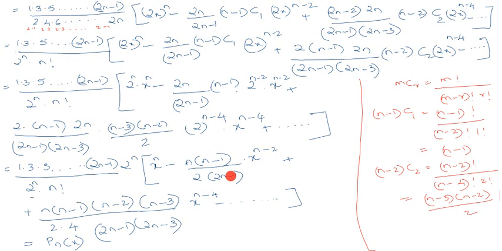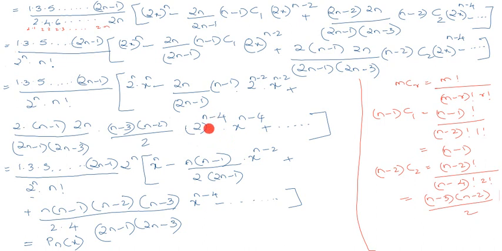That is written here. From this equation also, we are taking 2 raised to n outside. Here we are having 2 raised to n minus 4 into 2 square, which is 2 raised to n minus 2. If we need to take 2 raised to n outside, we need to multiply by 2 square in the numerator and 2 square in the denominator. So the numerator will become 2 raised to n, and in the denominator a 4 will be appearing.